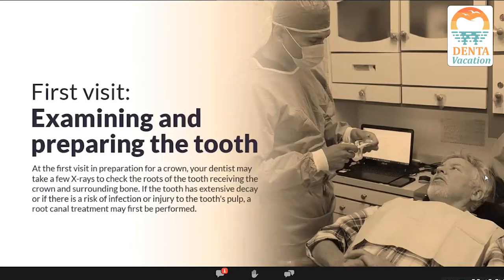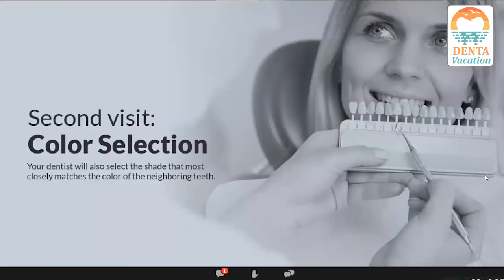Okay, the second visit. This visit is my favorite one. I love this one because this is the fun visit, because it's all about the cosmetics. You and your doctor will make the color selection, and for example, if you want to make a change in the color of your smile, here's your time.